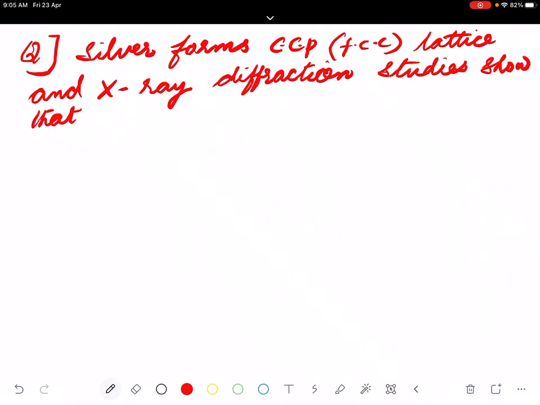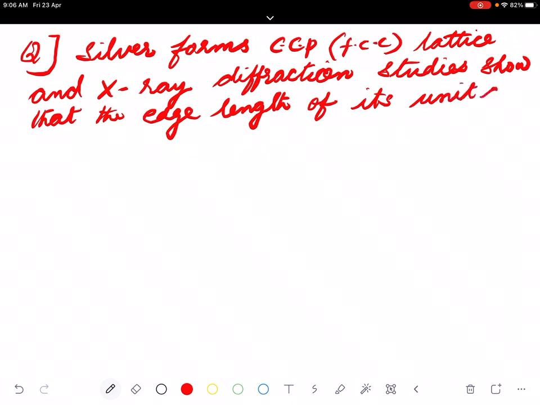X-ray diffraction is an experiment to determine the edge length, the cell dimension or cell edge, that is, to find out the value of a. X-ray diffraction studies show that the edge length of its unit cell is 408.6 picometer.